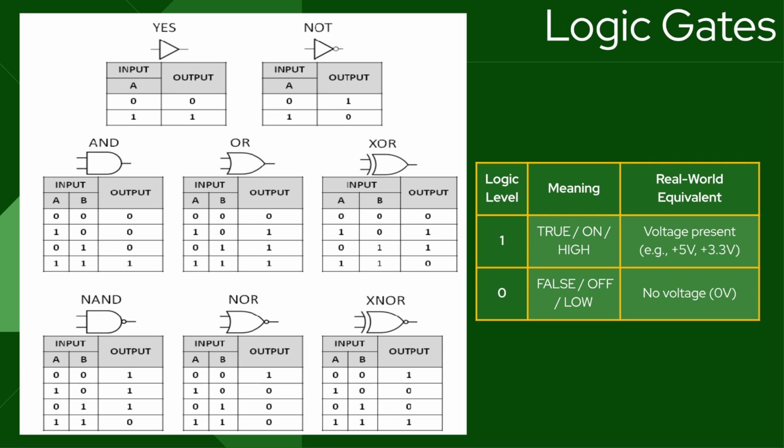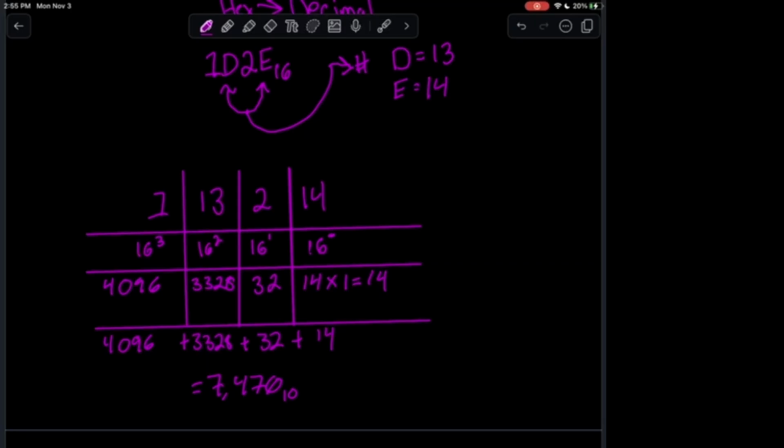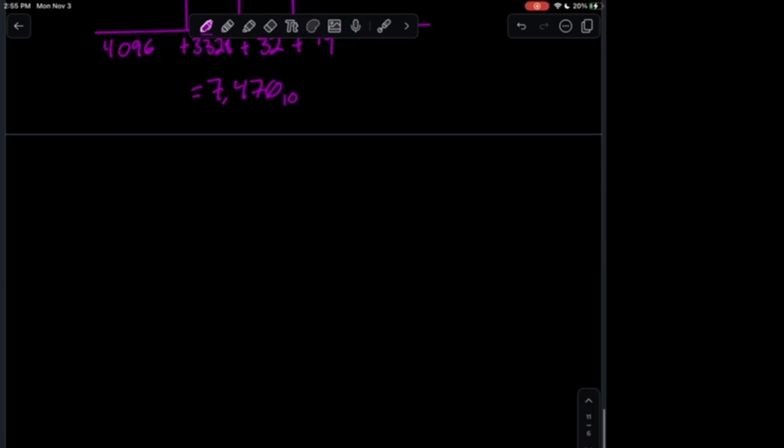Let's actually do one more example before we get into logic gates. Let's do hex to binary.